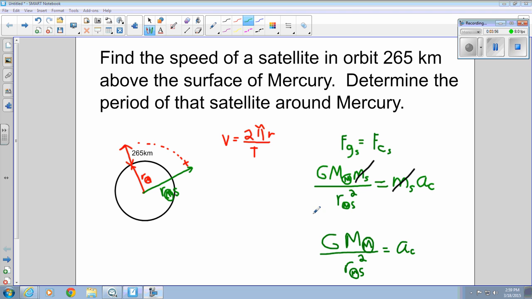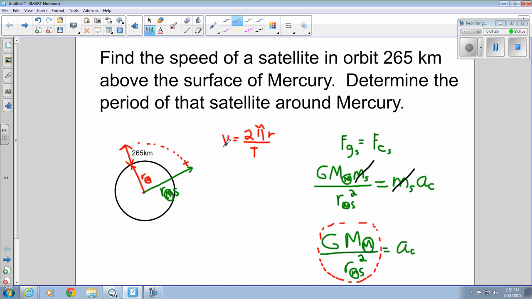After we cancel that out, the centripetal acceleration is equal to this. We can figure out the mass of Mercury from a table. We know G is 6.67 times 10 to the negative 11th, and we can also figure out the radius between the satellite and the center of Mercury.